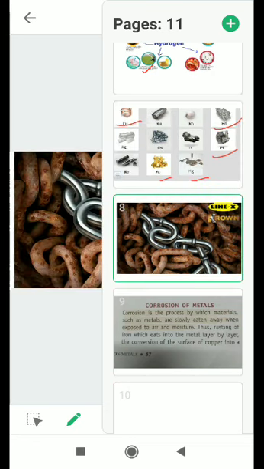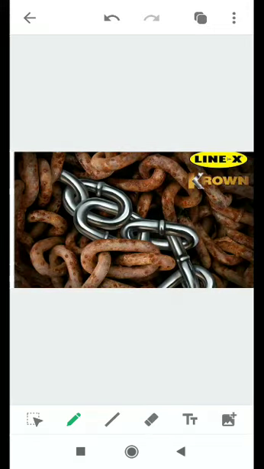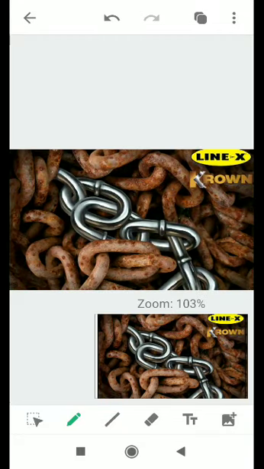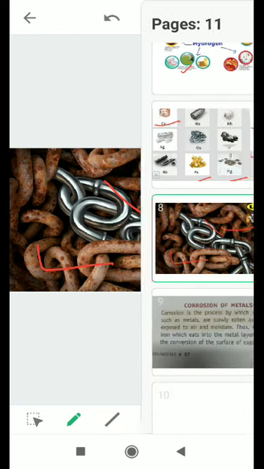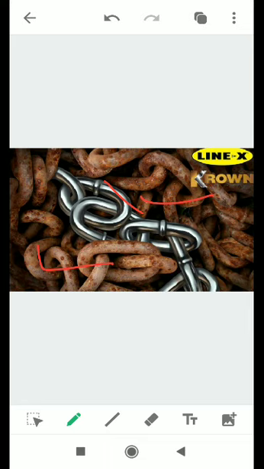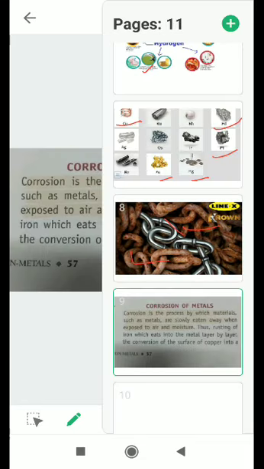Now let us see the next topic, that is corrosion. As you are looking at the chain over here, this chain is getting corroded. It is a reddish brown covering deposited on the chain, which is unwanted material, and this is an iron chain. This reddish brown material deposited on the iron is called corrosion. So what is corrosion?